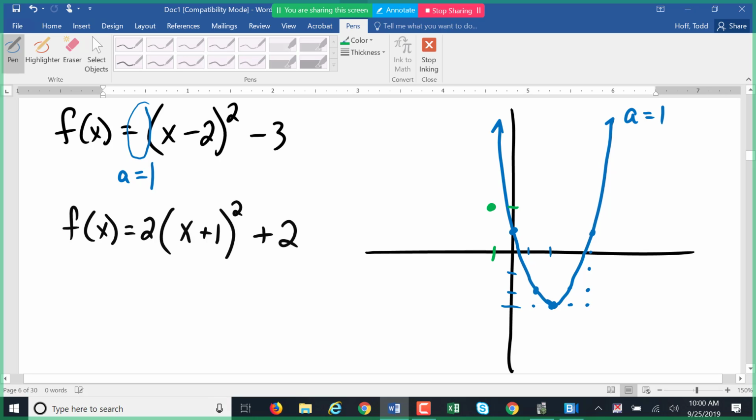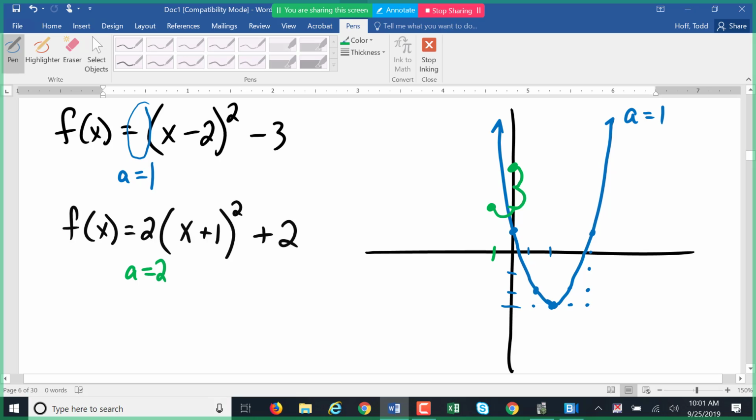Perfect. So now the 2, a equals 2, think of it almost like a slope for a line. Our run doesn't change, it affects the rise. So down here we went over 1, up 1 squared. Well, up here, we're going to go over 1, up 2 times 1 squared. Well, 1 squared is 1, 2 times that is 2. So we go up 2.